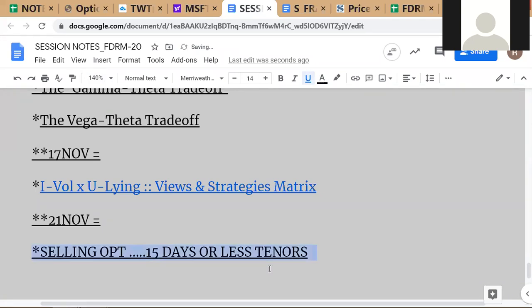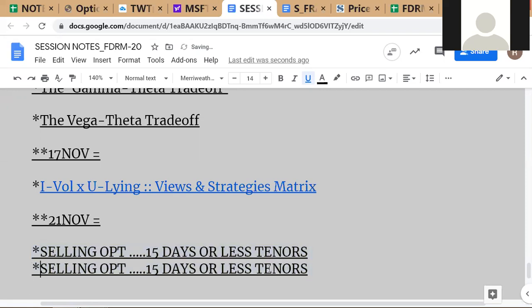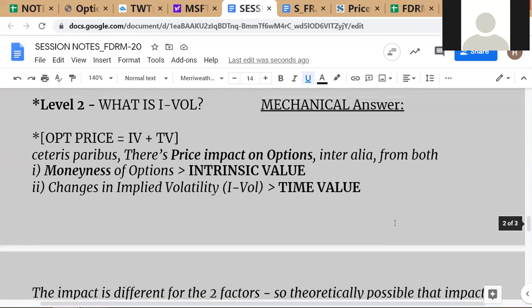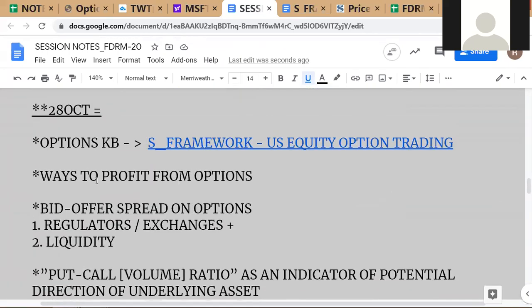Let me actually save a point. Obviously the English is not very good, but you understand what we are saying. So I'm just making a note of this, and we'll maybe put this one more time.